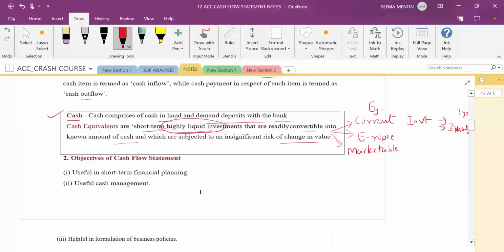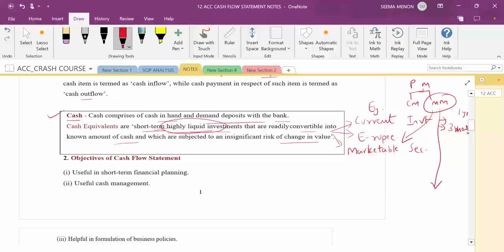In the financial market, there are 2 types of market, primary market and secondary market. The primary market consists of capital market and money market. What is money market? Money market comes under marketable securities. That is short-term investment, investment for less than 1 year.